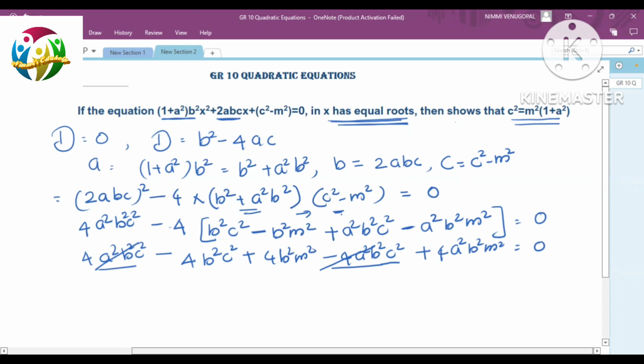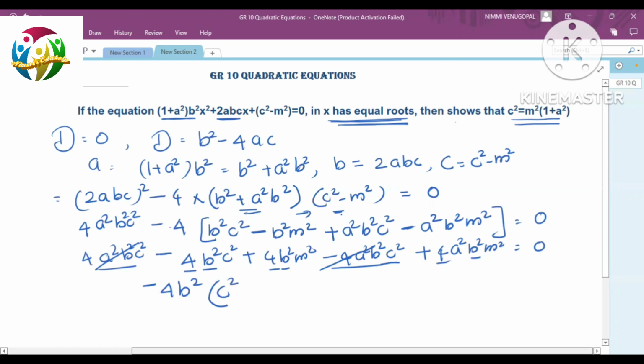Now, if you look at the balance terms, all of them have 4 and b square. So 4b square we can take as a common factor and keep outside. So minus is there, no? So minus I am also keeping outside. Now, what is the balance in the first term? c square, no?